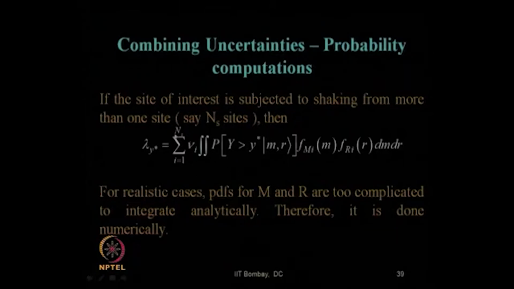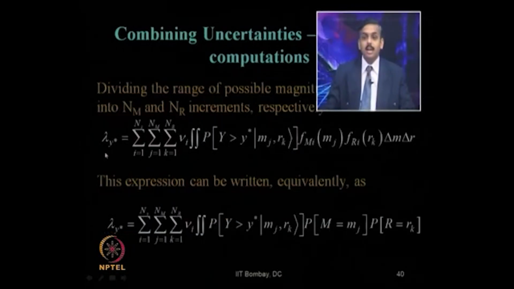Like this is the number of sites, similarly the number of magnitudes also we are dividing, and the number of source distances also we are dividing into nr. So, that is what it says. It should take the shape of this when we are doing the numerical integration.